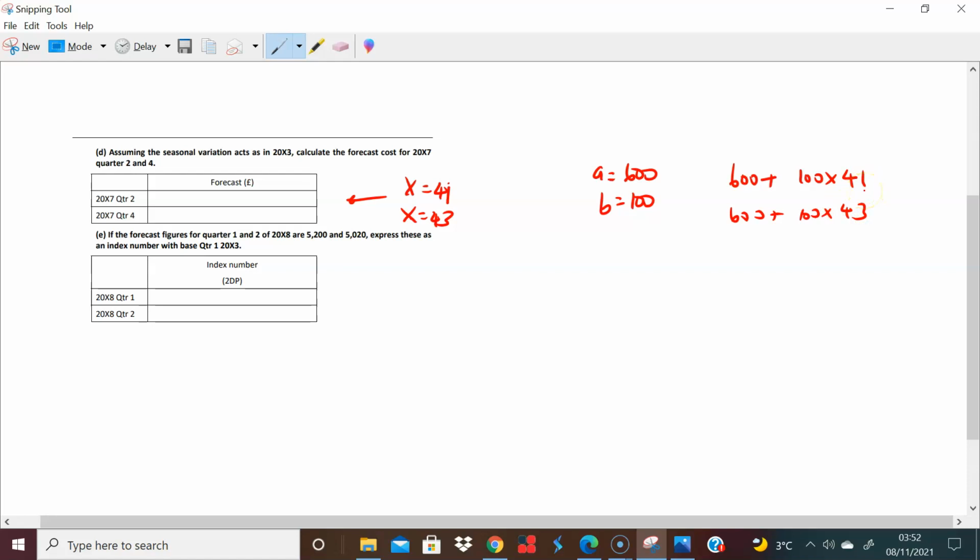So what you have here is 41 times 100, and that's 4,100 plus 600, and you have 4,700. So this is the trend. I had to find that first. And then I'll do the same thing here. 43 times 100 plus 600 is equal to 4,900. That's the trend.